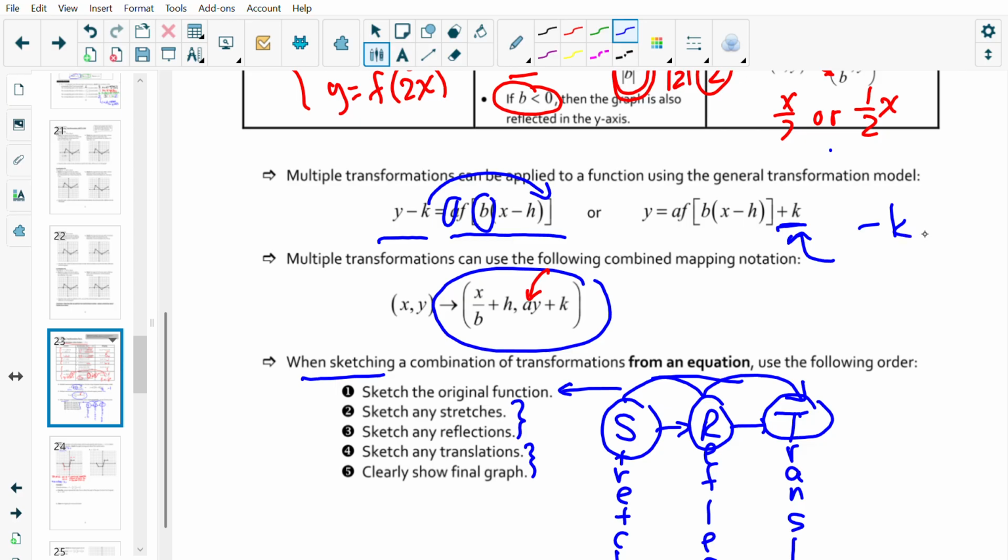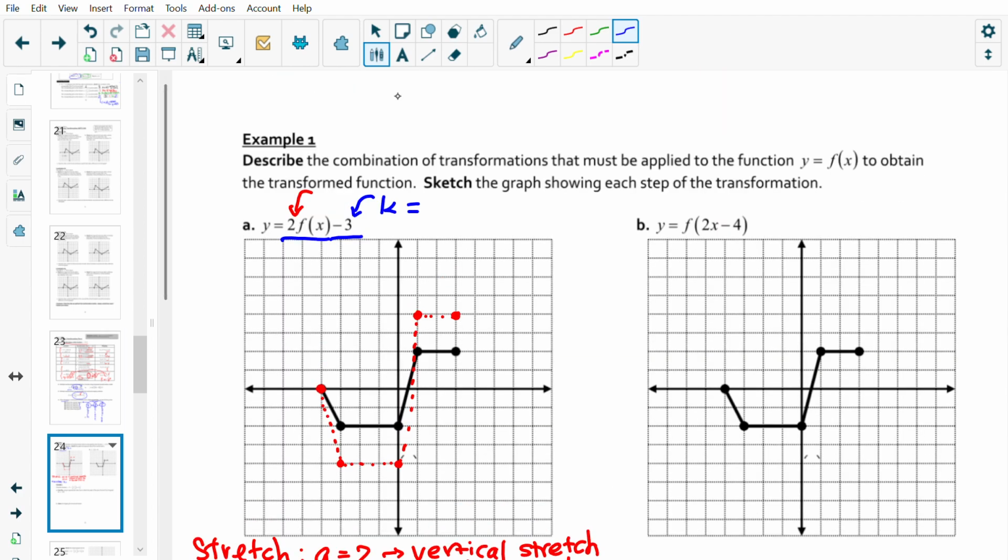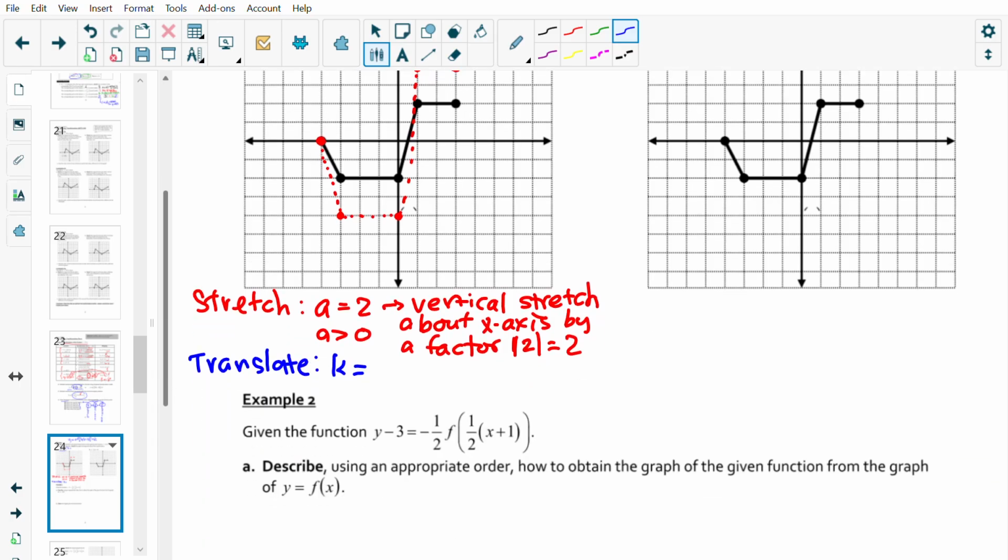The form is plus k, so if I have a minus 3, that means it must be a minus negative k to get a plus k, right? So let's take a look at this. It has to be in the form plus k, right? So I'm going to rewrite it up here. y equals a f of b times x minus h, plus k.